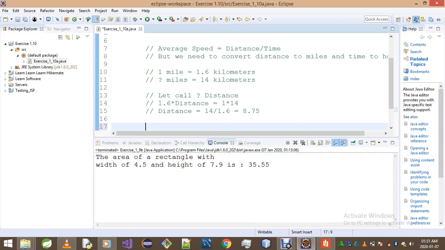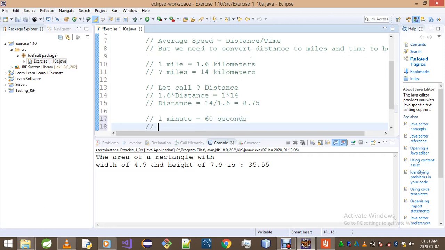So what we know is 1 minute is equivalent to 60 seconds. And 45 minutes is actually equals to, in fact this implies 45 minutes.